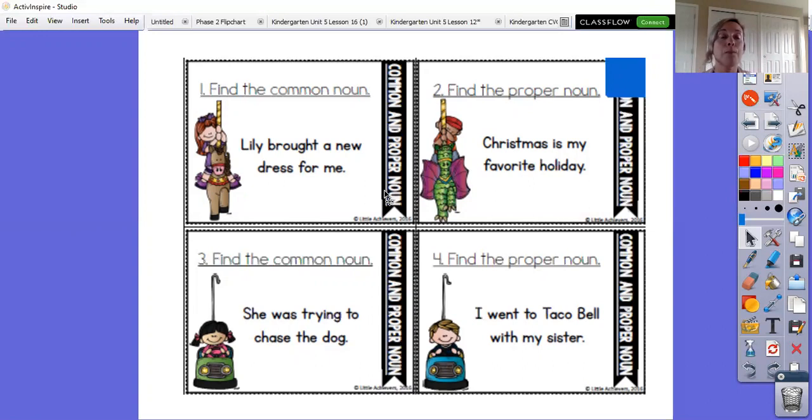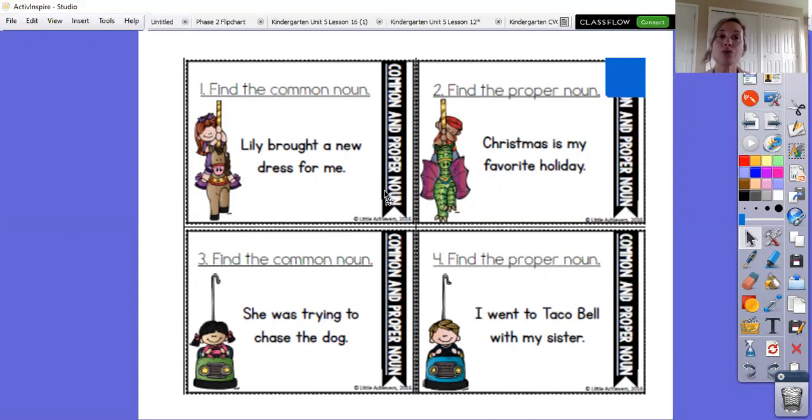A proper noun, on the other hand, is a special or specific name. The proper noun for a boy might be Jaden or Aiden, for a girl it might be Catherine, and for a restaurant it could be Pizza Hut.